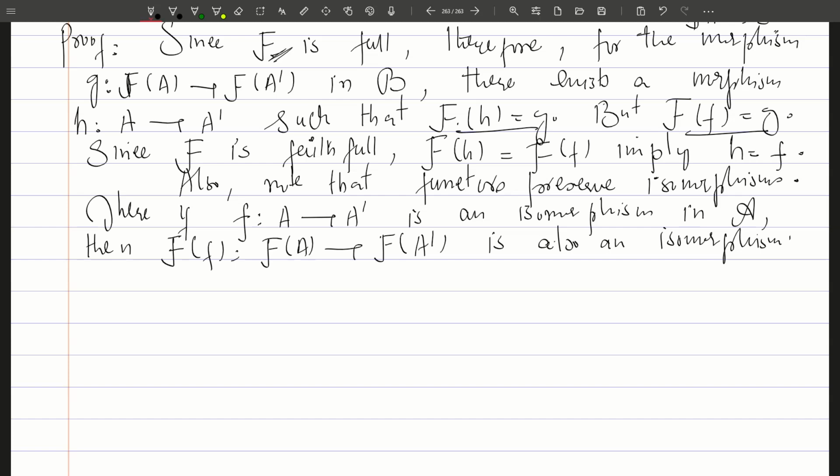Now, what do we have to prove? Actually, we have to prove that if this is an isomorphism, then this f is also an isomorphism.